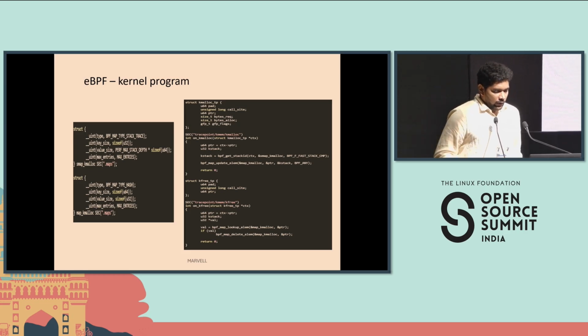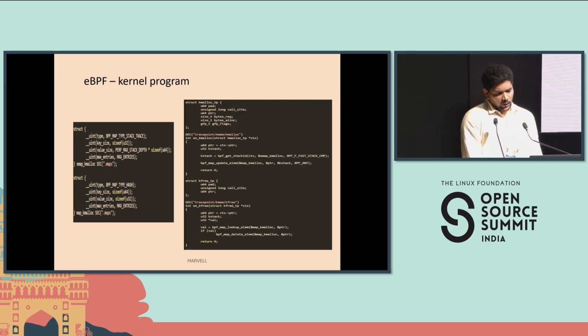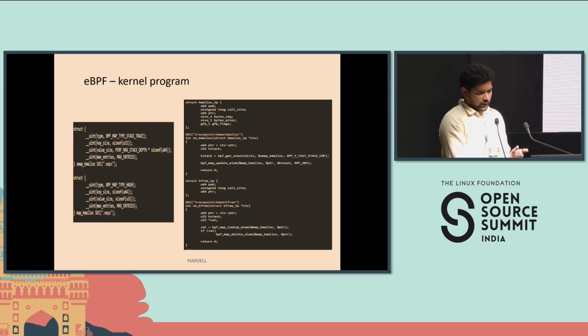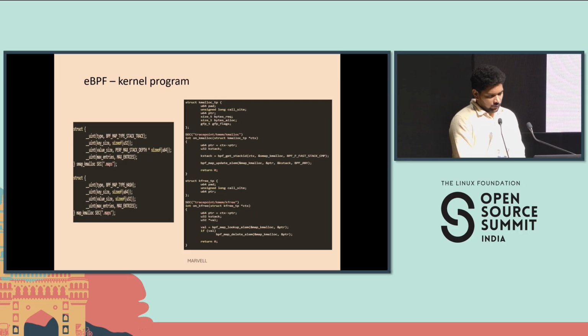So for this entire program, the struct layout you are seeing, kmalloc_tp and kfree_tp, we can get from the format file of the tracepoint, which we have seen earlier. on_kmalloc is an eBPF program which gets attached to the kmalloc tracepoint, and on_kfree is an eBPF program which gets attached to the kfree tracepoint.